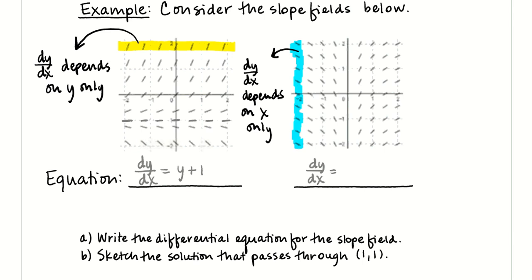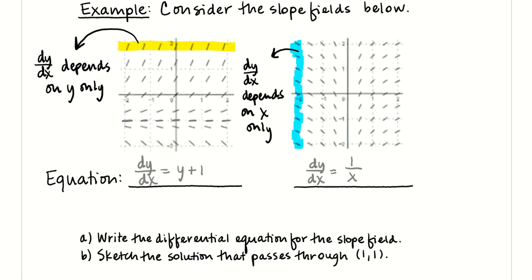Alternatively, the closer I get to the y-axis, the steeper the slopes are getting, but the bigger x gets, the smaller the slope is. So the most obvious relationship that mirrors that is 1 over x: the bigger x is, the smaller the result, and the closer x is to 0, the larger the result. It also fits with x negative, slope negative, x positive, slope positive. So dy/dx equals 1/x is going to work for this one.